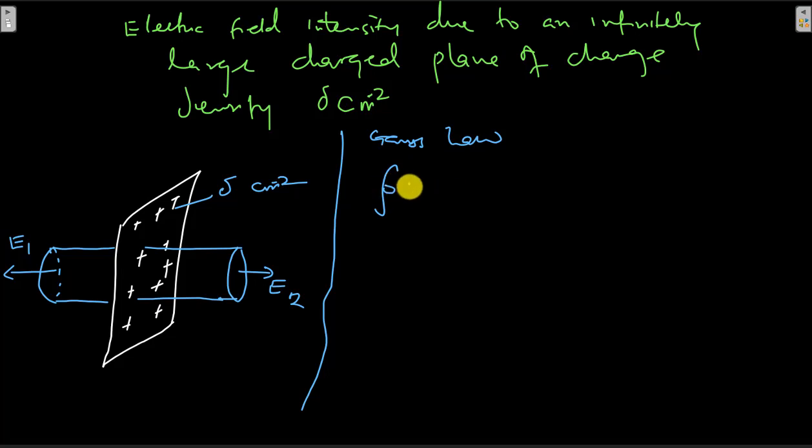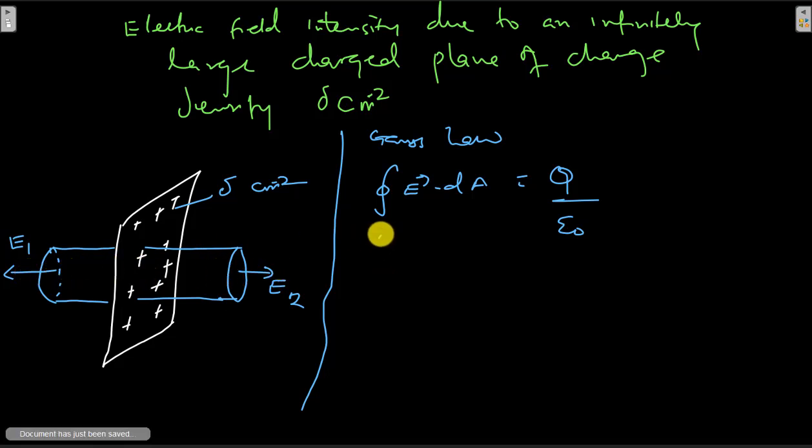The integral of E over the closed surface, so this gives us the total flux, equals Q over epsilon naught. Now because of symmetry, this is always going to be EA, but in this case, we have the electric field to the right and the electric field to the left.